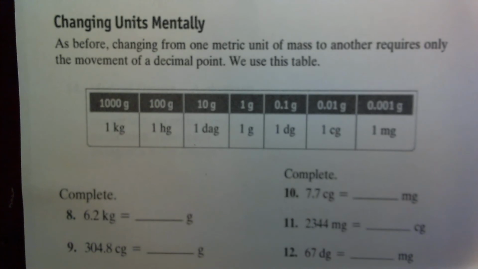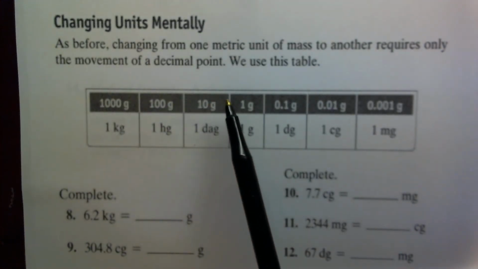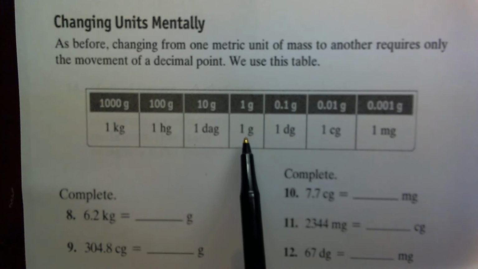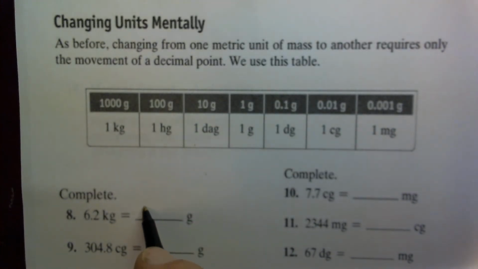One of the great things about the metric system is that changing from one metric unit of mass to another requires only the movement of a decimal point. We have this table here that we'll be using. To convert 6.2 kilograms into grams, we move the decimal 3 places to the right, so it becomes 6,200 grams.